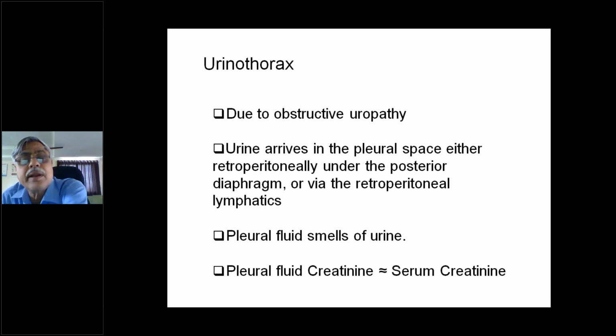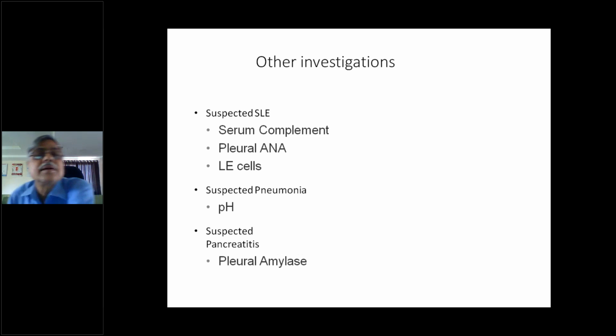So here also urine enters the pleural cavity retroperitoneally or via retroperitoneal lymphatics. If you remove the fluid, it smells of urine. The creatinine, of course, will be the same. That is urinothorax. So what are other investigations?